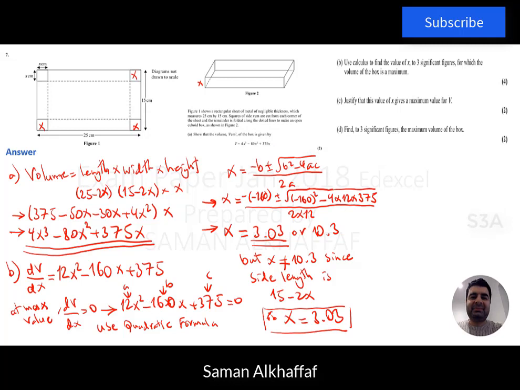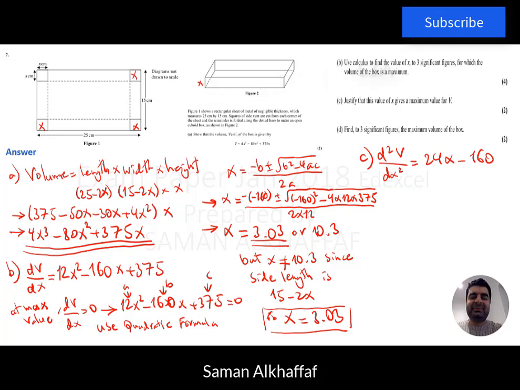Now for part C, we need to find to three significant figures the minimum volume of the box. So in this scenario for part C, we will need to differentiate again, and find the second derivative. So that will be d squared V over dx squared, which will give us 24x minus 160.